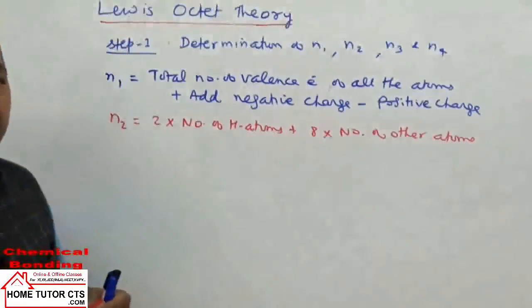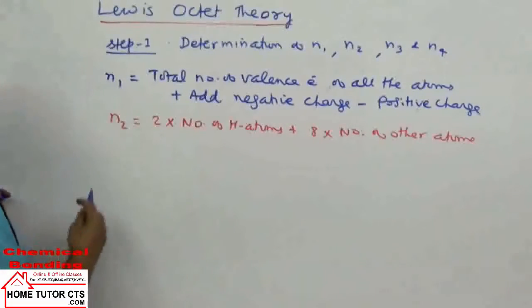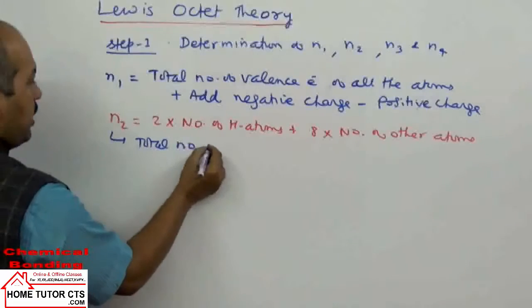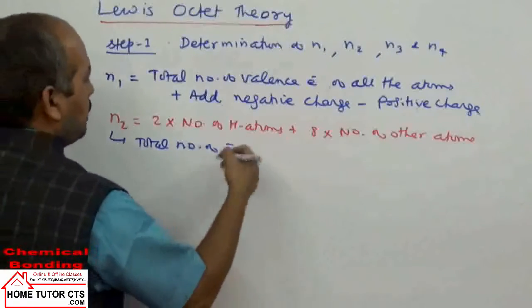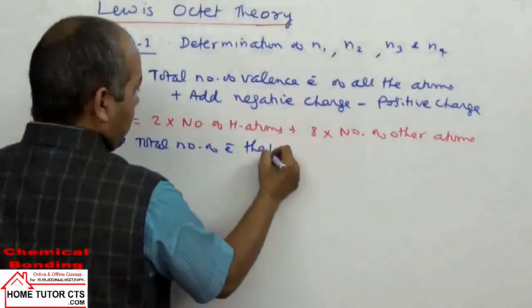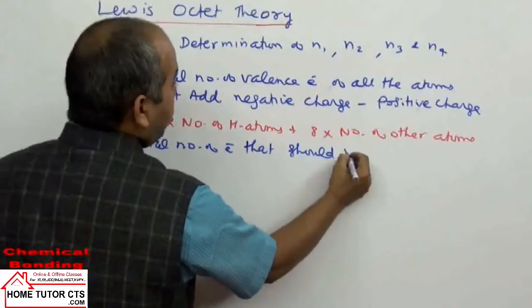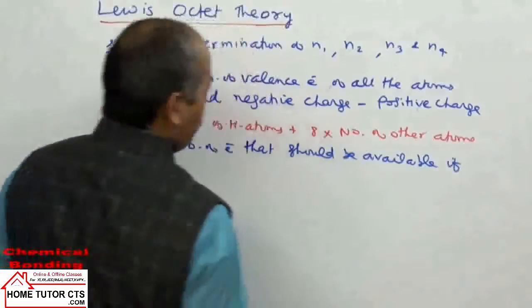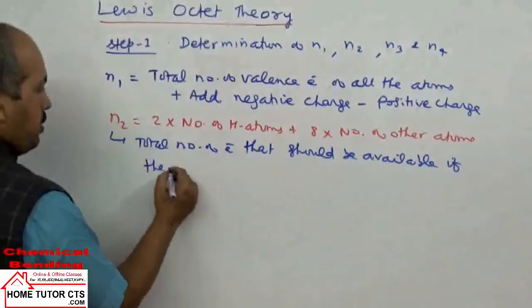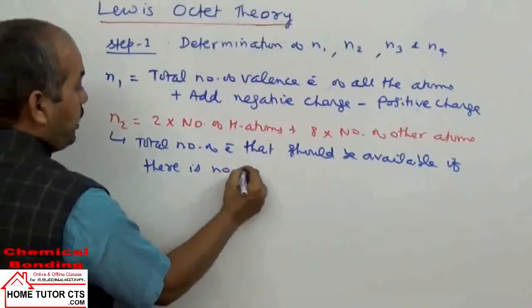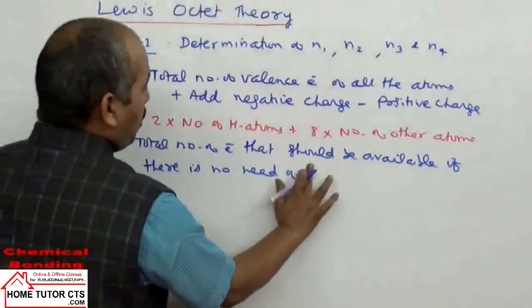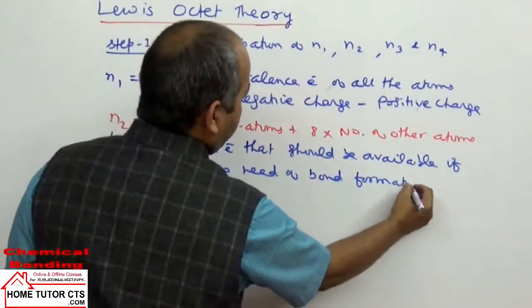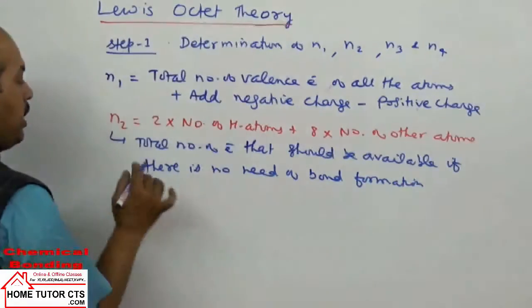So N2 signifies the total number of electrons that should be available if there is no need of bond formation.